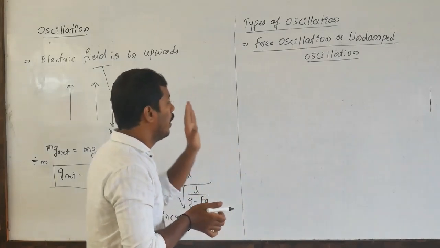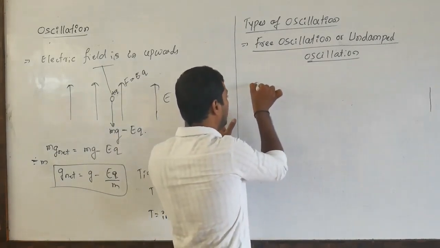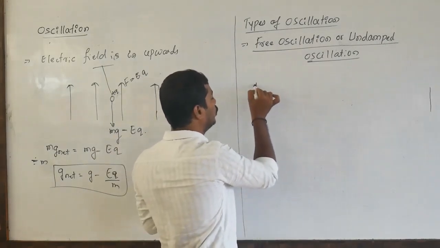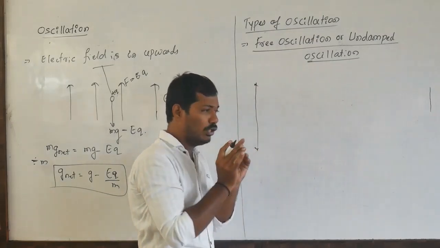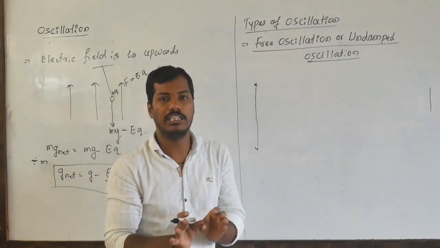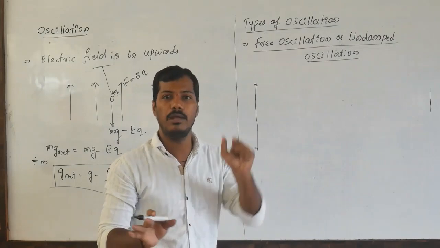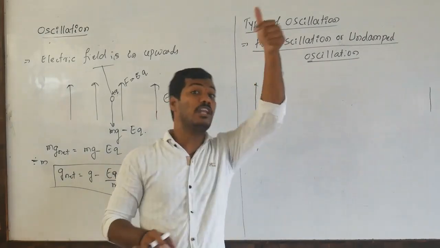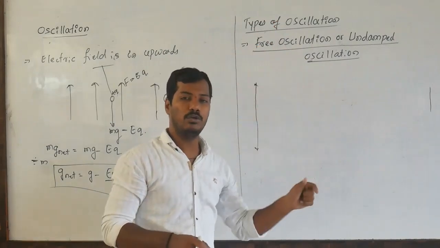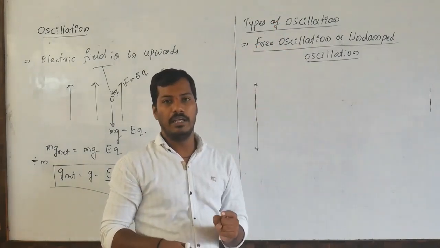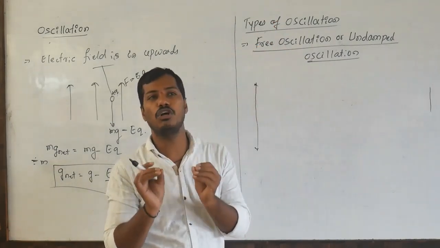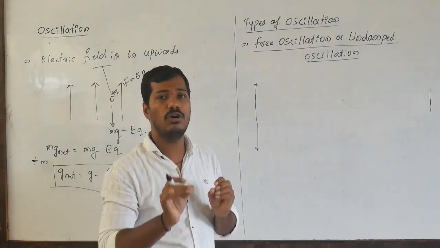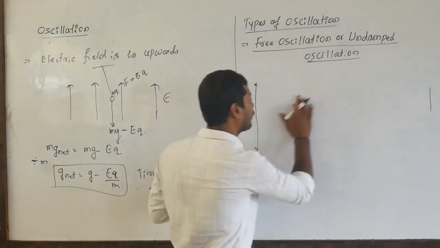It means one particle which starts from its initial position, its amplitude cannot change. It never changes up to infinite time. Its amplitude is always the same. It means there is no loss of energy.